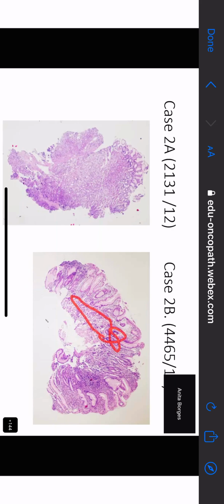You mean that everything from here to here is the glands? Right. So now, can you tell me if everything is normal here? Do you see any normal mucosa? No, ma'am. All glands don't look alike, ma'am.